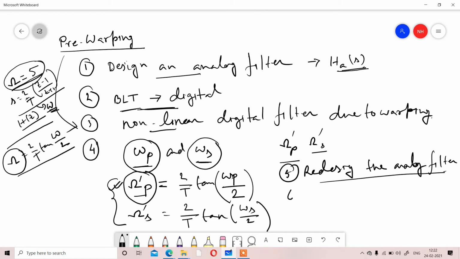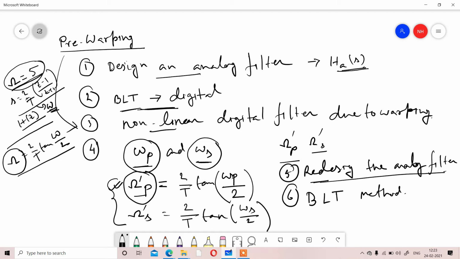Now, that redesigned analog filter will be converted to a digital filter by using the BLT method. Again, you will use the bilinear transformation method to reconvert that redesigned analog filter to a digital filter. If we do that, then the characteristics of the filter will be linear. So is it clear or not?